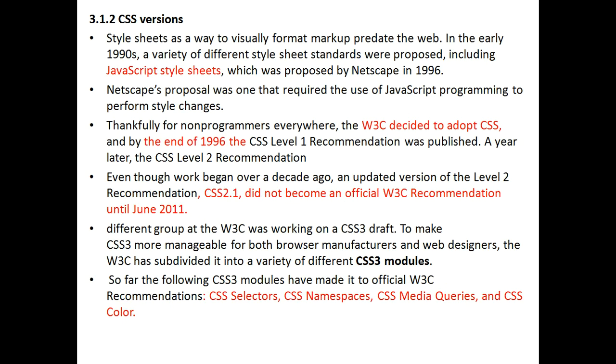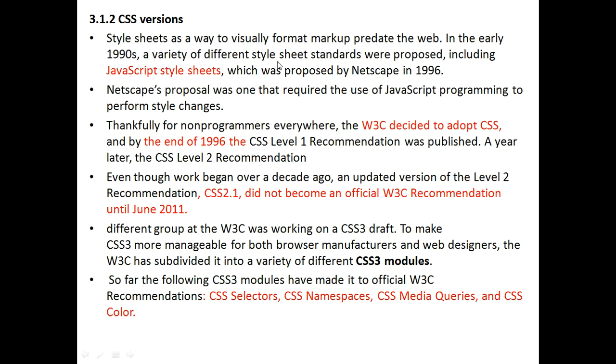Next is CSS versions. In the sense that there are so many versions available for CSS. We will go through some theory here. Style sheets as a way to visually format markup predate the web, from the early 1990s, and evolved through the 1990s.